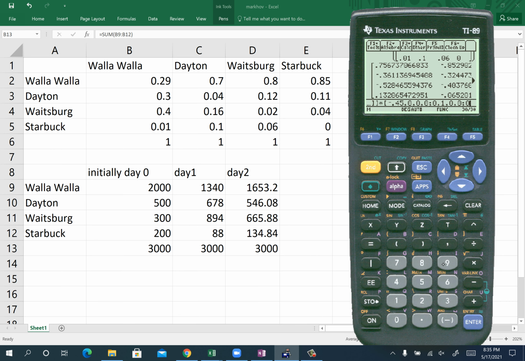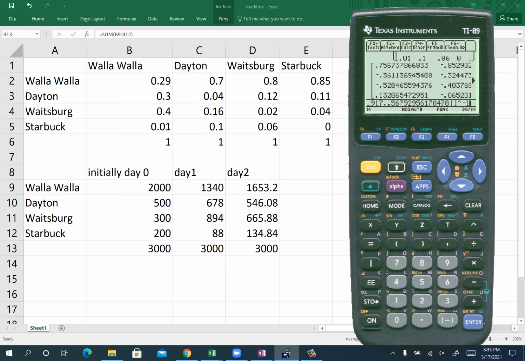So negative 0.057, 0. So this is my big lambda matrix, and then 0, 0, 0, negative 0.139, times, this is exciting, times this matrix up here to the -1.